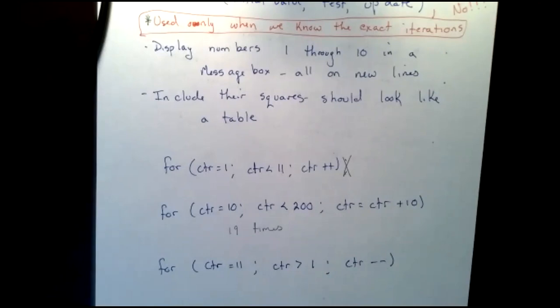Okay, I'm counting with my fingers. 11, 10, 9, 8, 7, 6, 5, 4, 3, 2. That would stop. So 10 times. Okay, 10 times. I could have made this greater than or equal to 1. Now it will go 11 times.